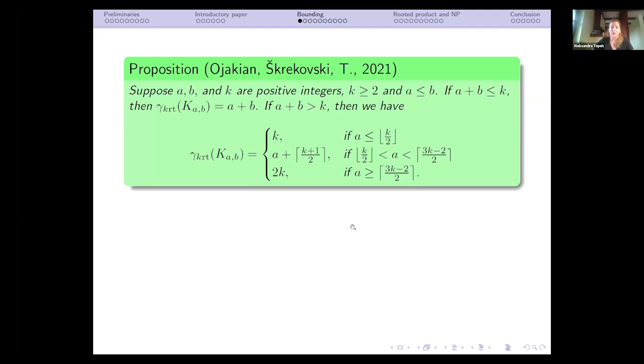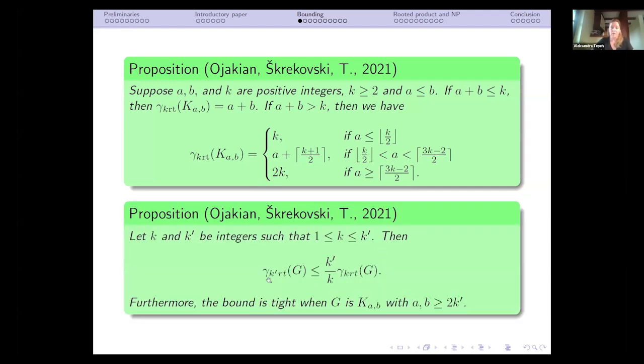For instance, if we compare k-rainbow total dominating functions whose parameter k differs, we obtained this bound, and here these complete graphs served as an example for proving the tightness of this bound.